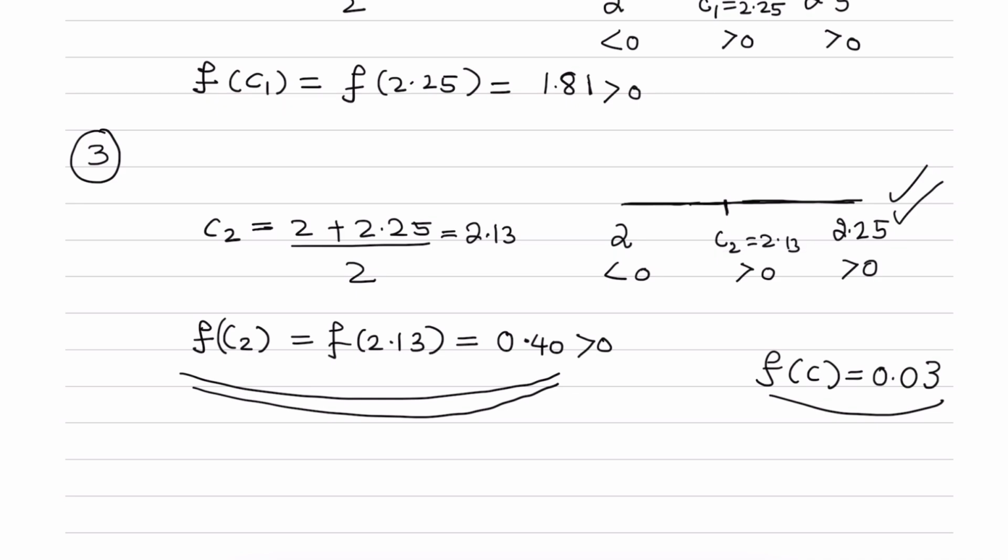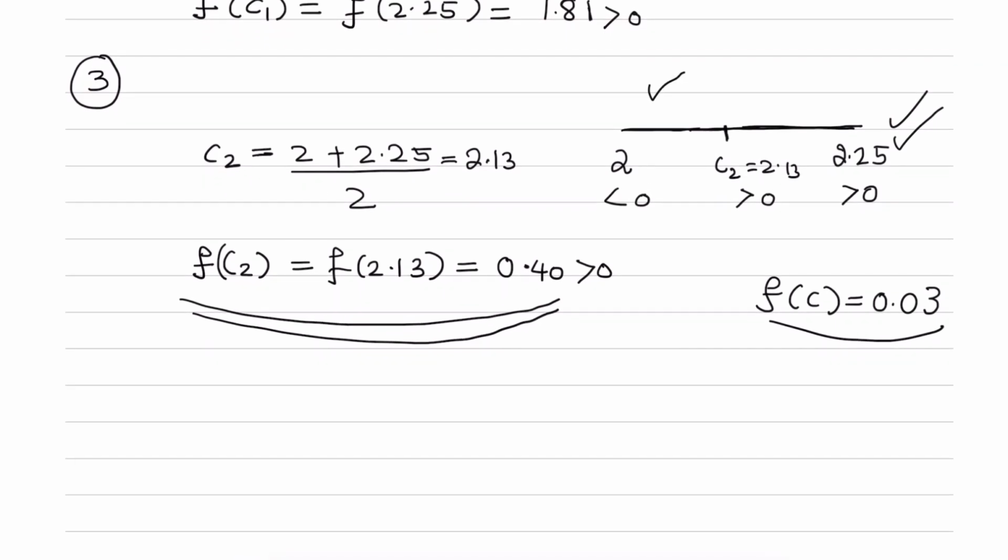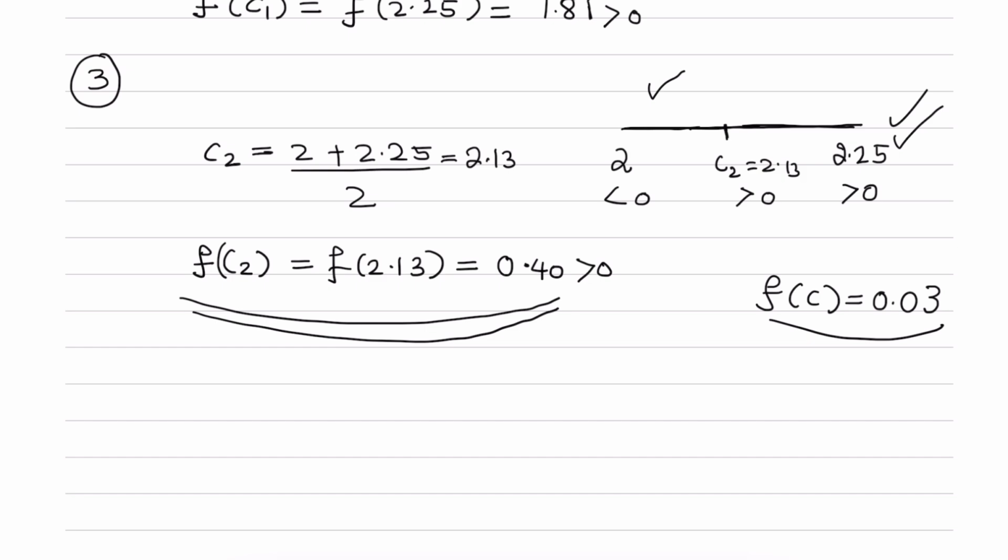What is the next best part of the interval? So is it 2 to 2.13 or 2.13 to 2.25? We can see that this is the next best interval because on both ends we have the opposite signs. We will move to the fourth step, and the next interval is 2.13 along with the signs.